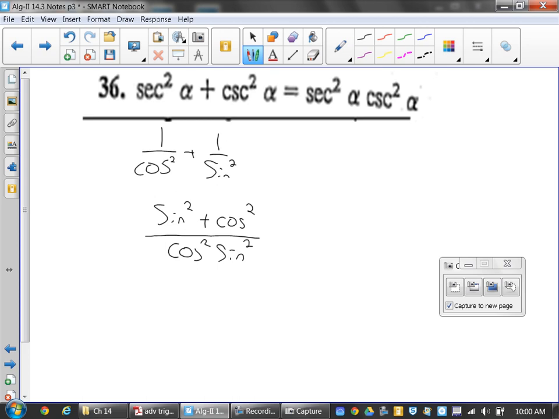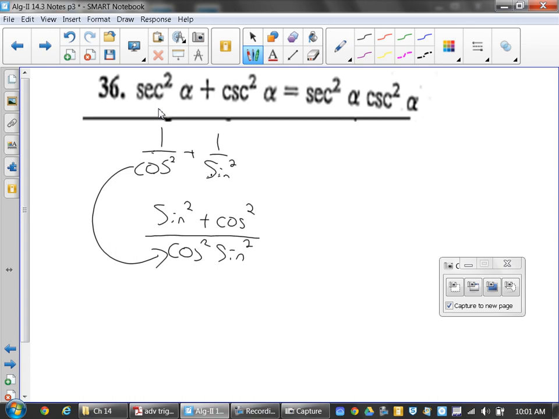Did everybody see how that worked? What happened there, Caleb, is that in order to get the common denominator, I'm just going to multiply these two together. That's where I got that. The fraction on the left had a cosine, needed the sine. The fraction on the right had a sine, needed a cosine. So I did 1 times sine squared, 1 times cosine squared, and that's where I got all that.